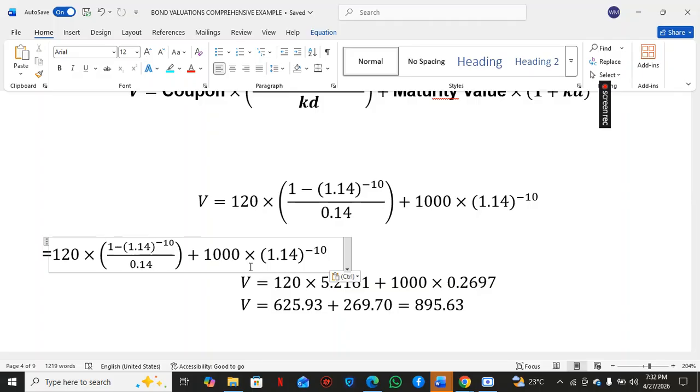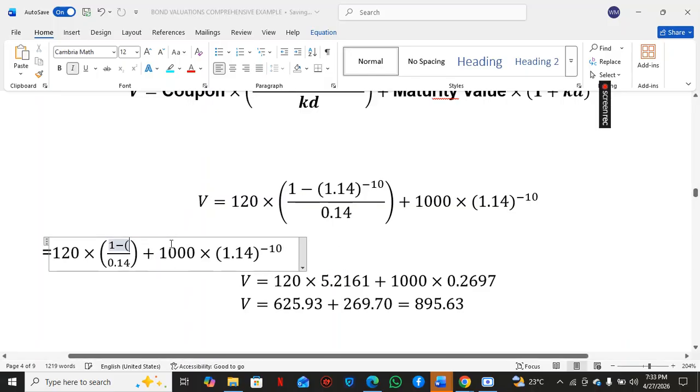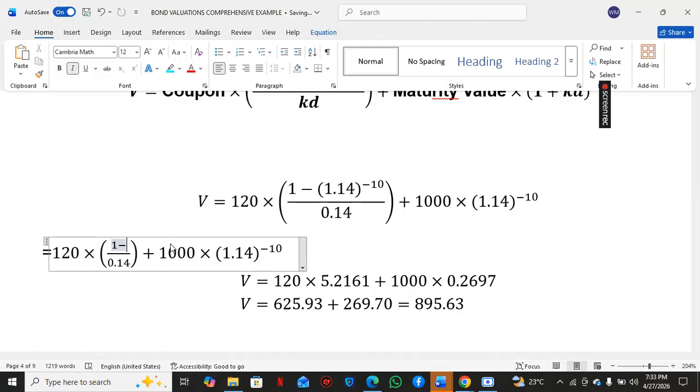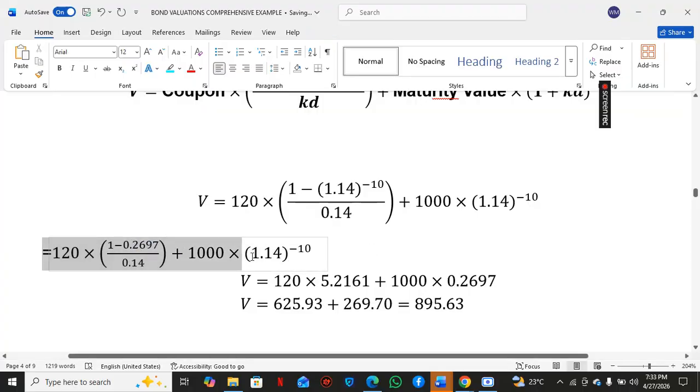1.14 to the power negative 10. Are we getting 0.269? So we can just say 0.2697. Then you're going to say 1 minus 0.2697.